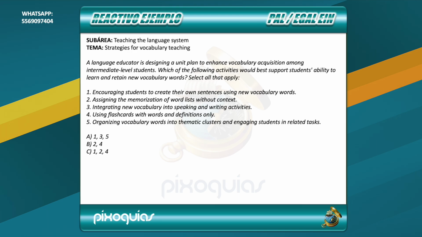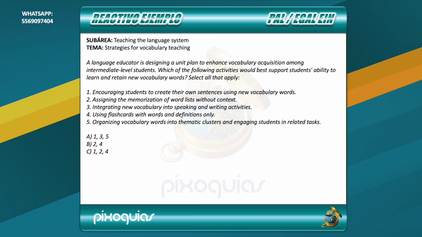Strategies for vocabulary teaching. A language educator is designing a unit plan to enhance vocabulary acquisition among intermediate level students. Which of the following activities would best support students' ability to learn and retain new vocabulary words? Select all that apply. 1. Encouraging students to create their own sentences using new vocabulary words. 2.